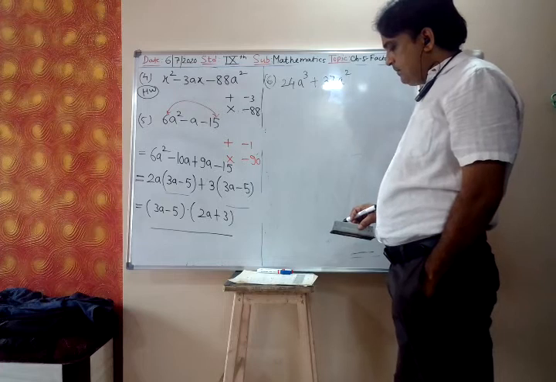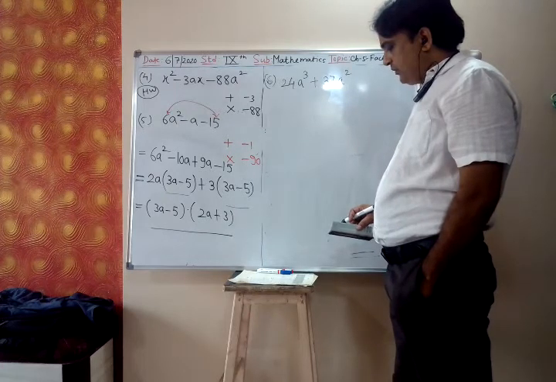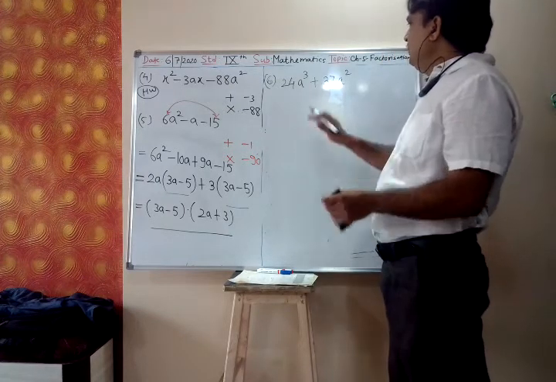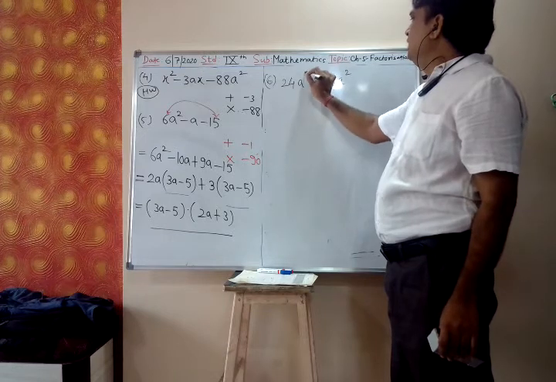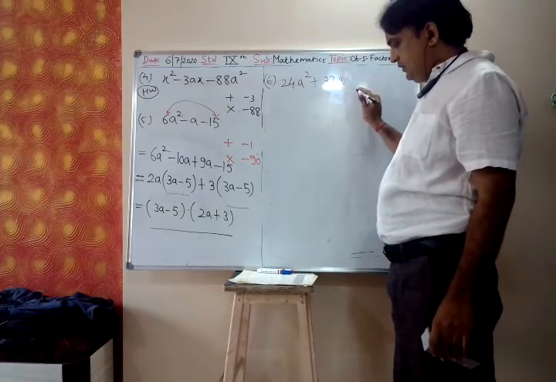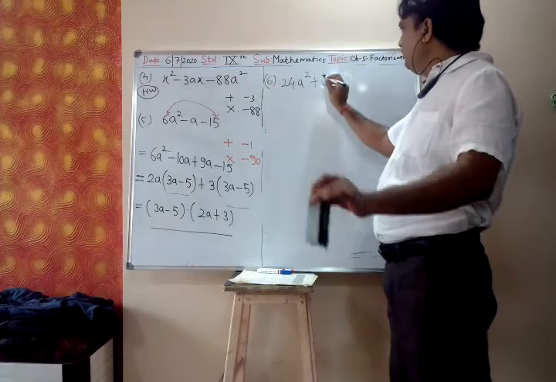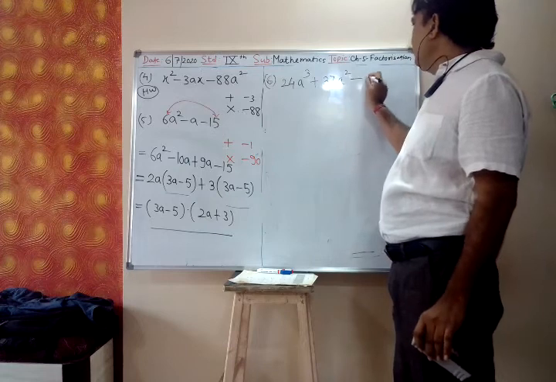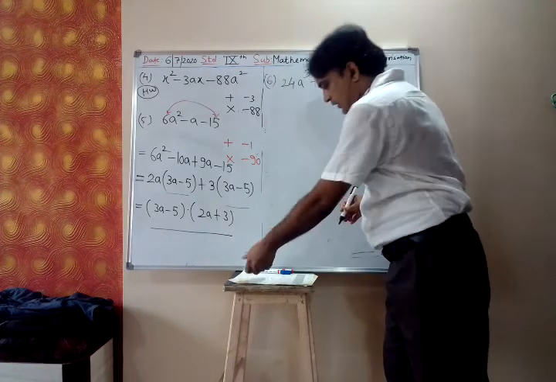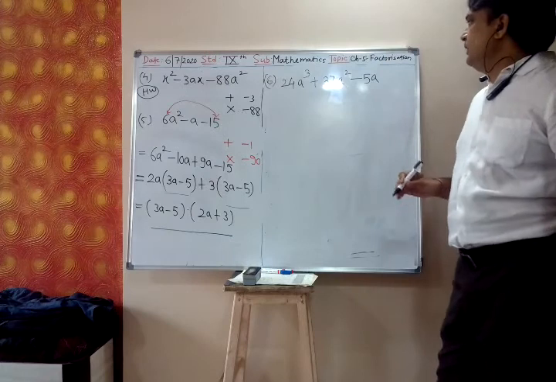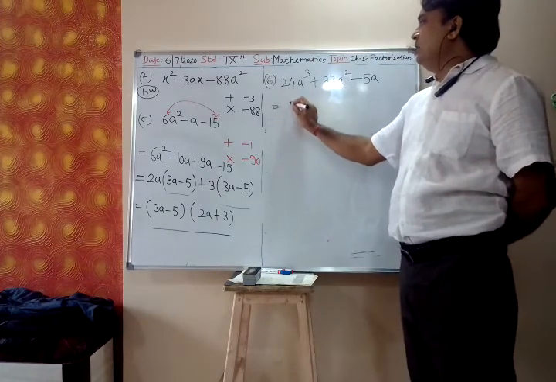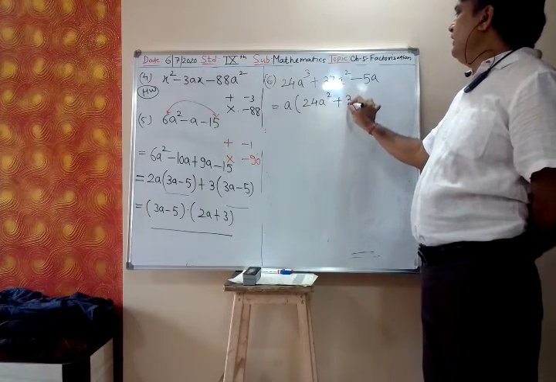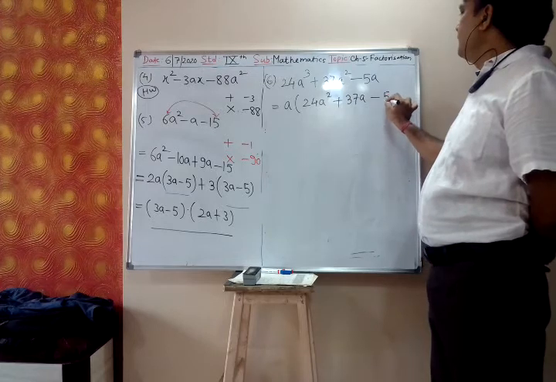It is 24a cube plus 37a square minus 5a. Yes, first I will take a common. Now it is a into 24a square plus 37a minus 5.